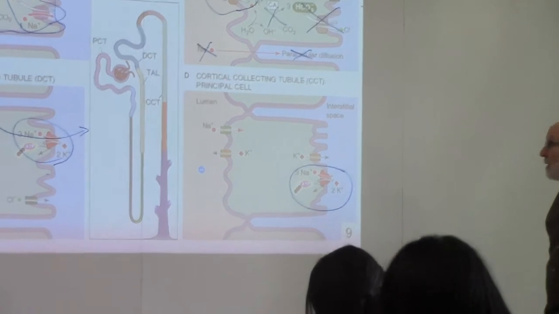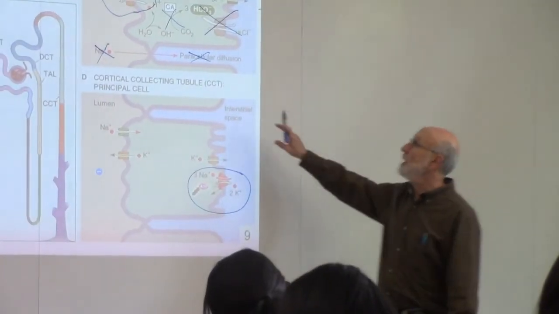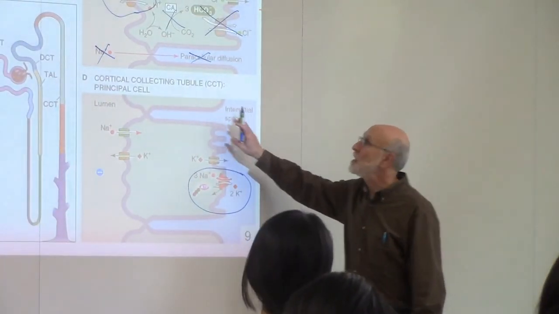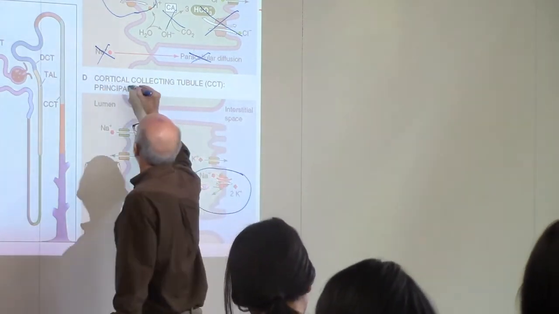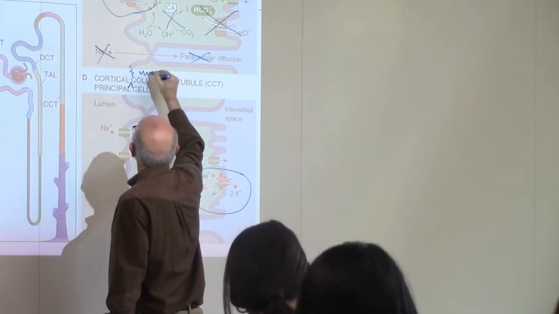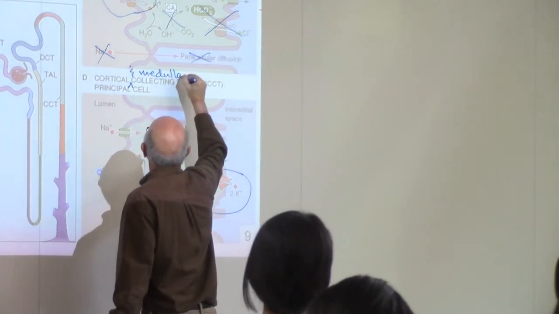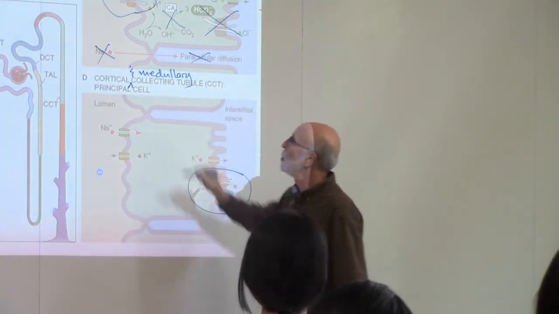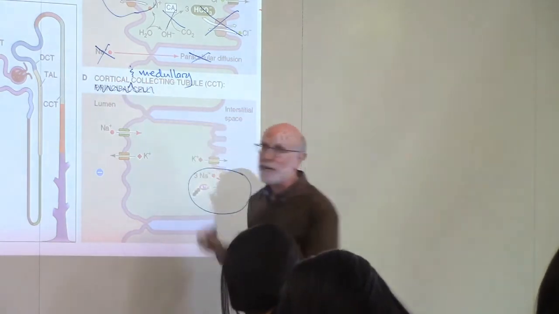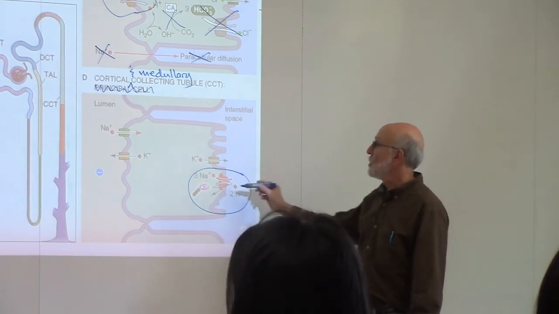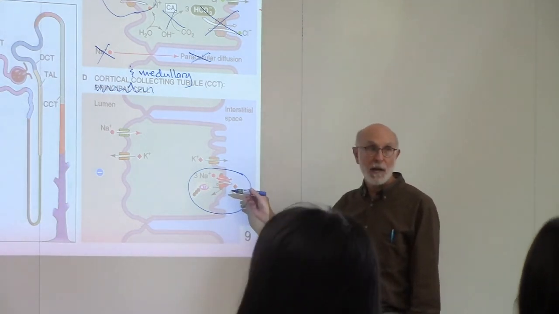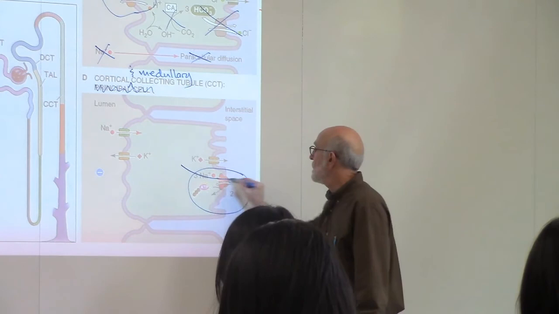And finally, in the collecting tubule, and this is true in the cortical as well as the medullary collecting tubule, let's not worry about the fact that it's a principal cell. Sodium-potassium ATPase, again, pumping sodium out.